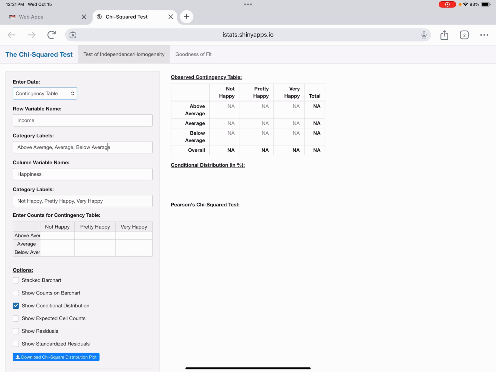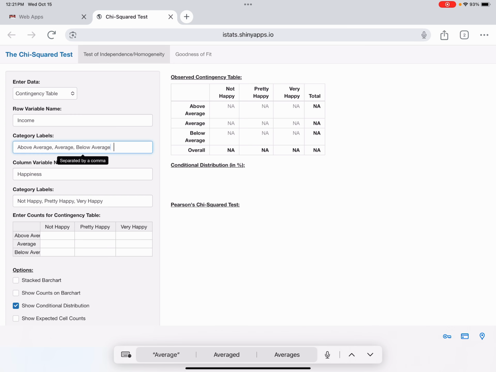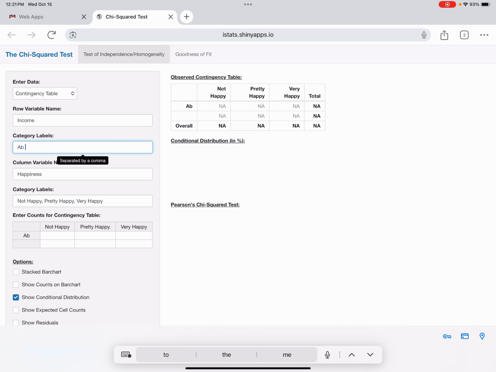What we can do is notice that these category labels, above average, average, below average, are listed in these rows here. So I'm going to want to change that to abdominal pain and no abdominal pain. And we can just put a comma between them. So ab pain, no ab pain.